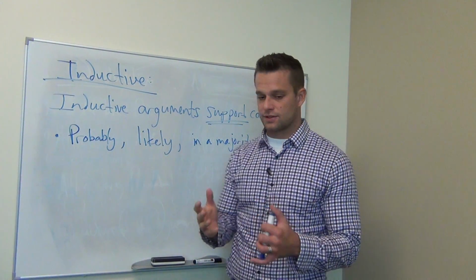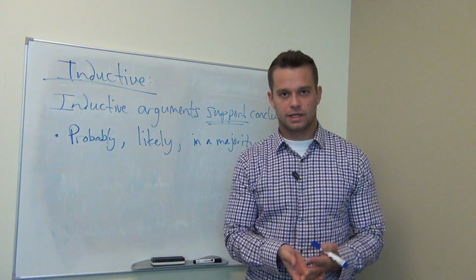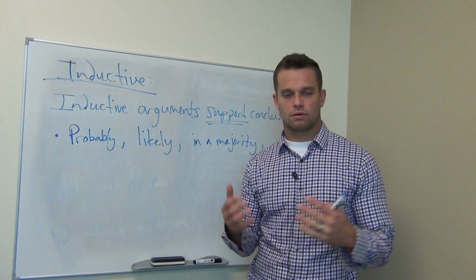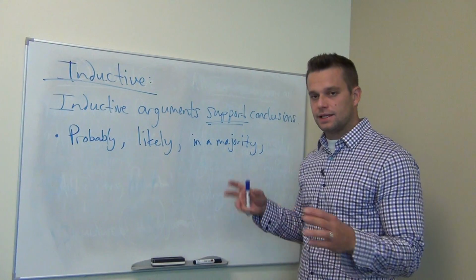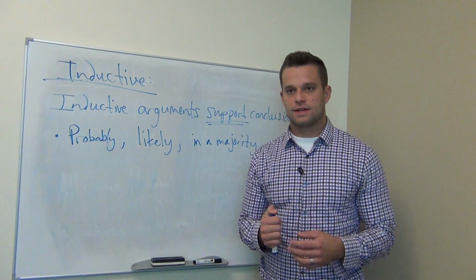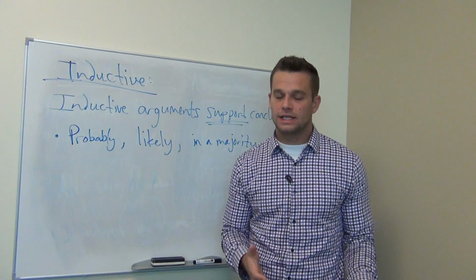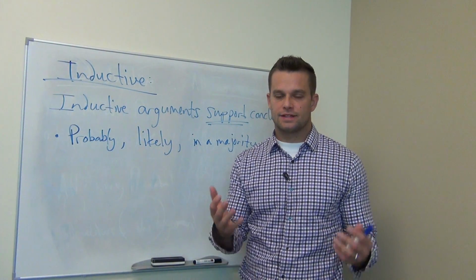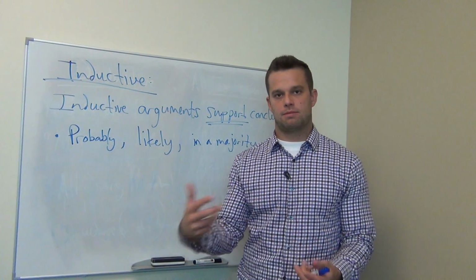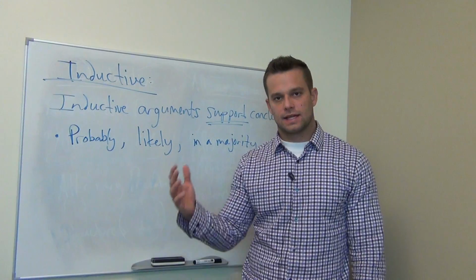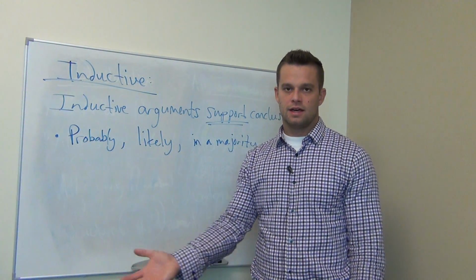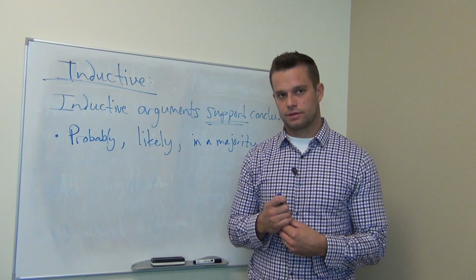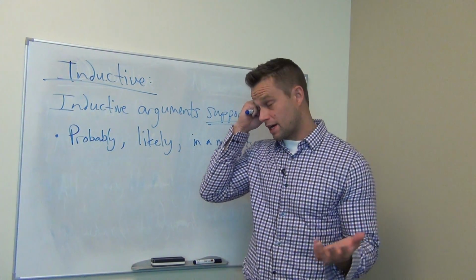So if I say, for example, if it rains, then we're not going to have a picnic. It's raining, therefore we're not going to have a picnic. That would be a deductive argument. But if I say, if it rains, then we're probably not going to have a picnic. It's raining, therefore we're probably not going to have a picnic. That would be an inductive argument, because it could still be the case that we have a picnic, even though the premises are true, and that it's raining.